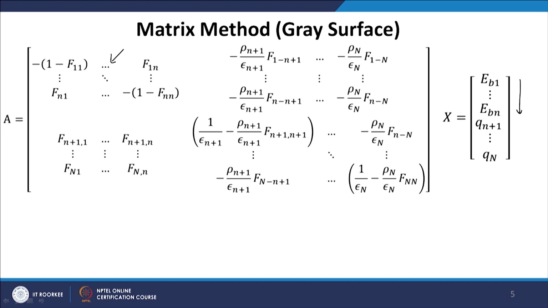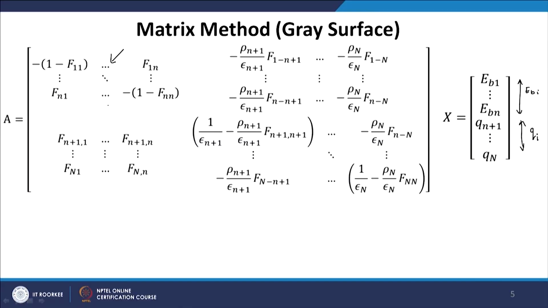The first n terms contain MSC power as the unknowns, and the rest n plus 1 to N contain heat flux as unknown. Okay. So, the matrix structure is like this. The top left corner contains elements which directly relate to the MSC power, as in the previous example of black surfaces.